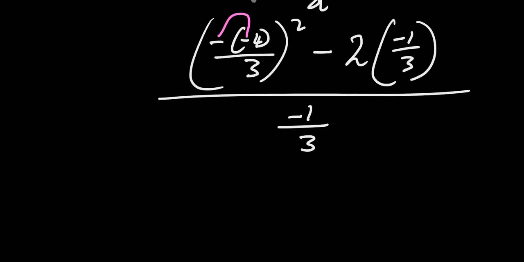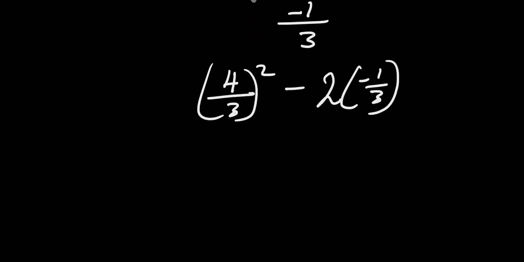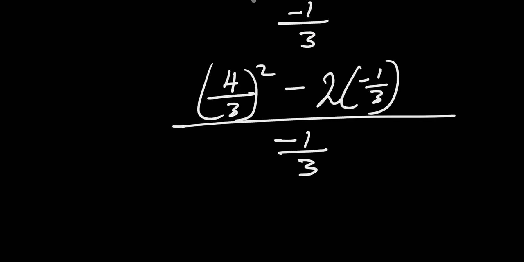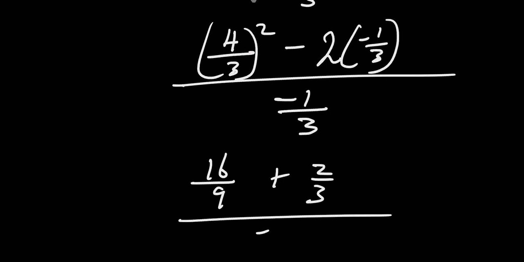So we have +4 over 3 squared minus 2 times -1/3, over -1 over 3. So 4 over 3 squared is the same thing as 16 over 9. And -2 times -1/3 is +2 over 3, over -1/3.